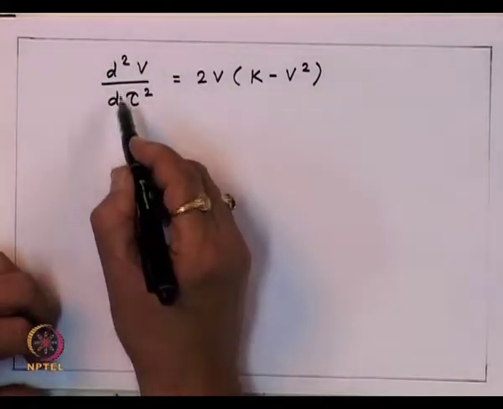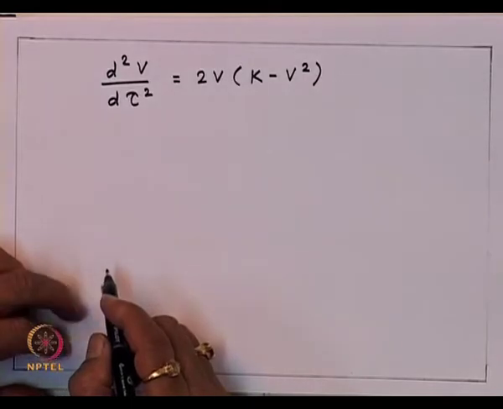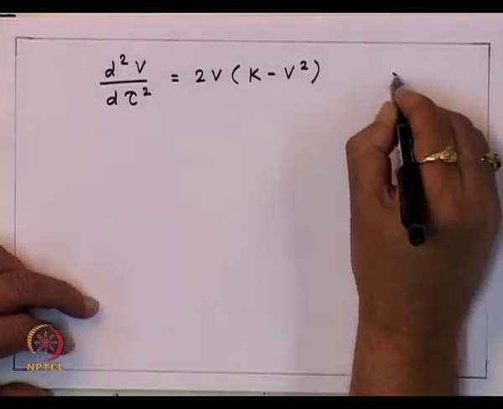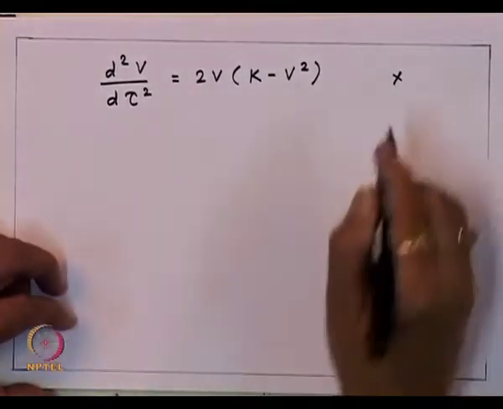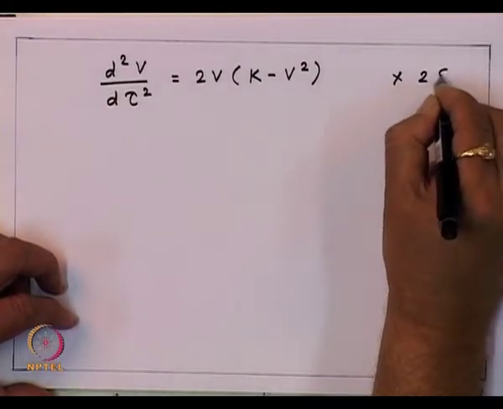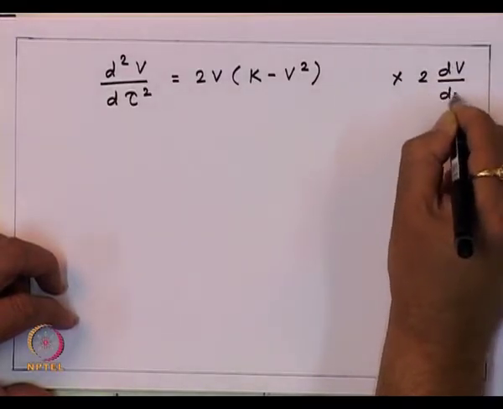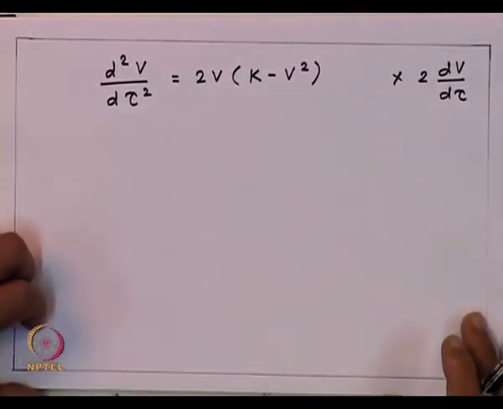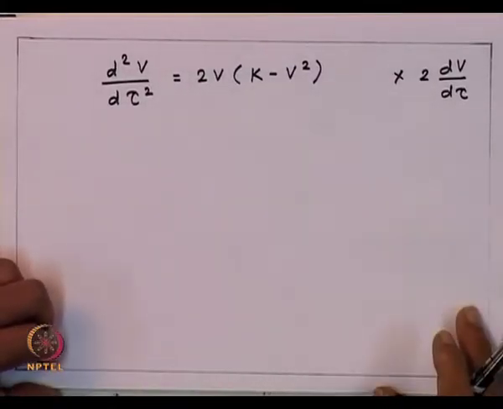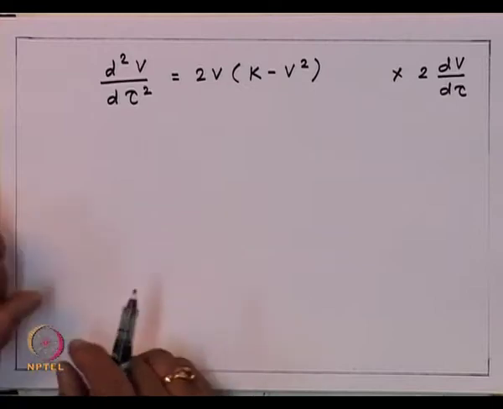What one can do is multiply both sides of this equation by this quantity, which is 2 times dV by d tau, and then integrate as a function of tau.